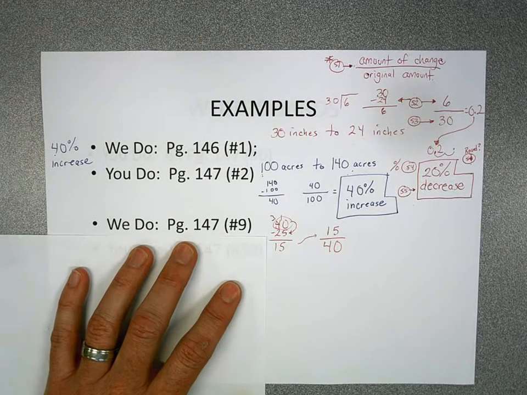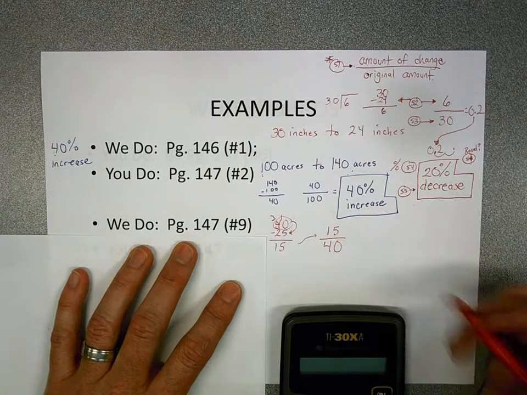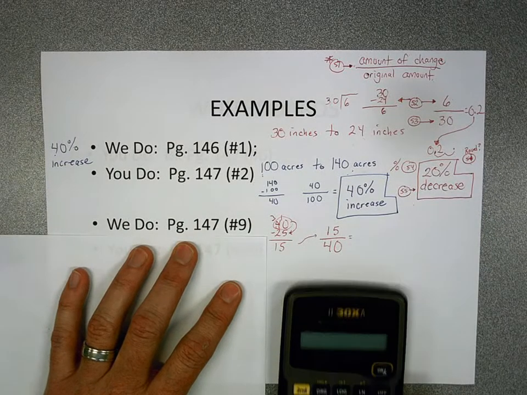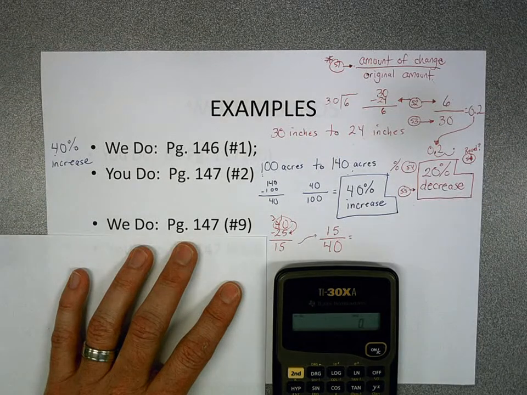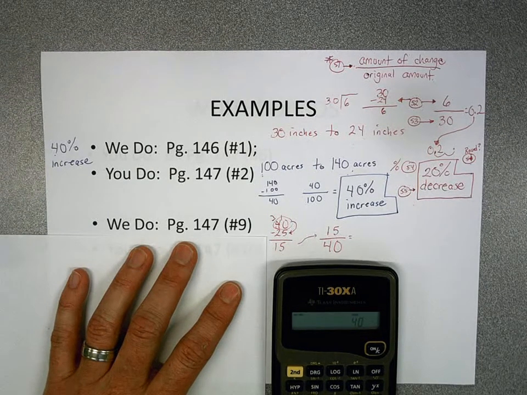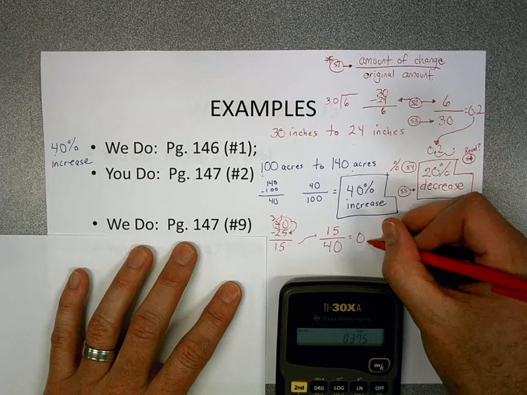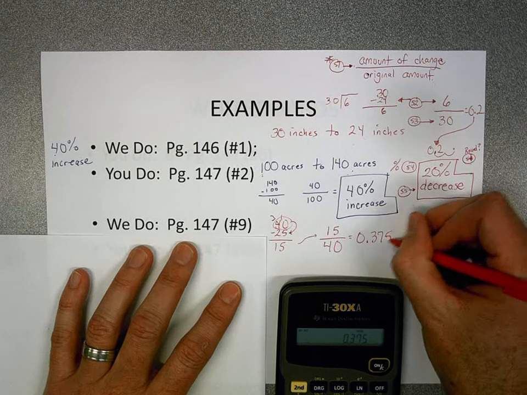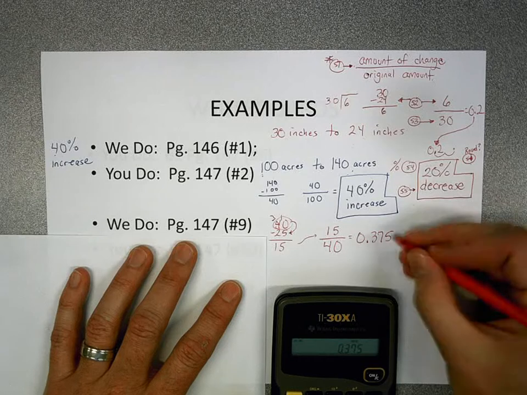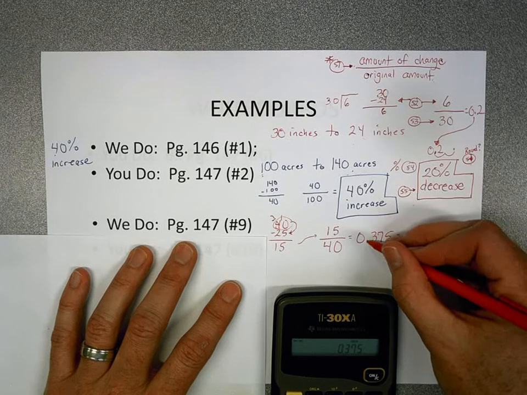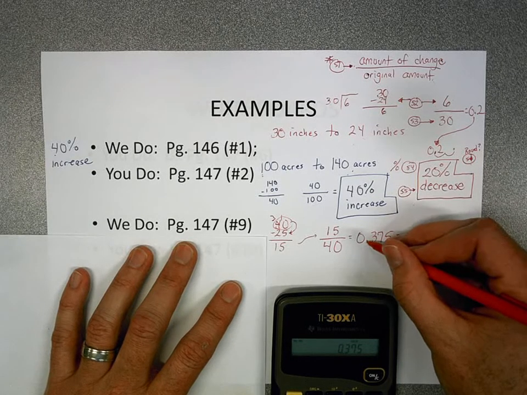All right, so here we go. I'm going to take my fraction of change here, and I'm going to change it to a decimal. So I punch in 15 divided by 40 equals, and I come out with 375 thousandths. Now, I'm going to change it into a percent by moving it 2 times.